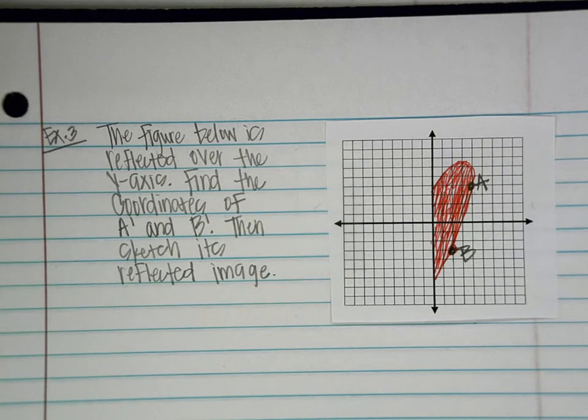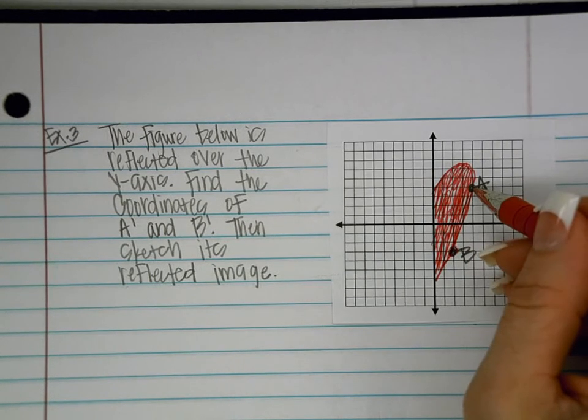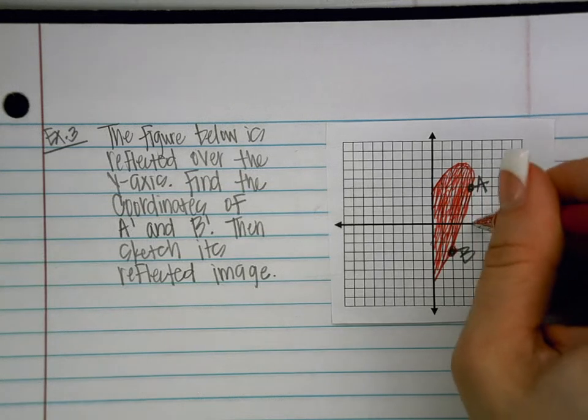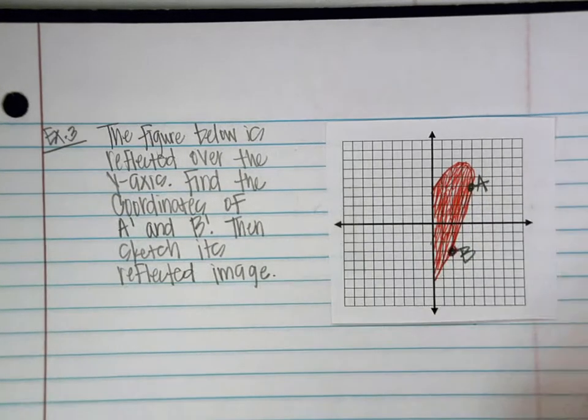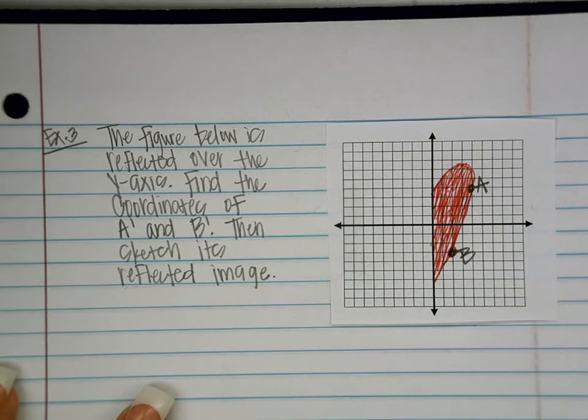So we're drawing a heart. A goes through the point over 4, up 4. So how far would it go on the other side? Left 4, up 4. Exactly.